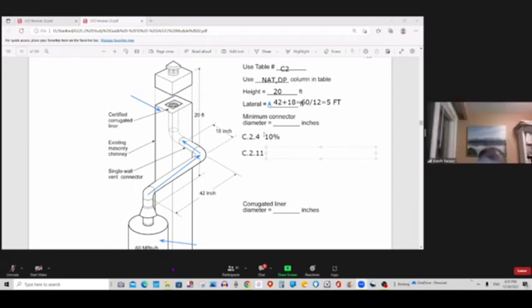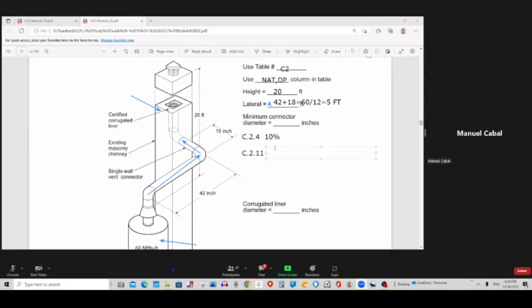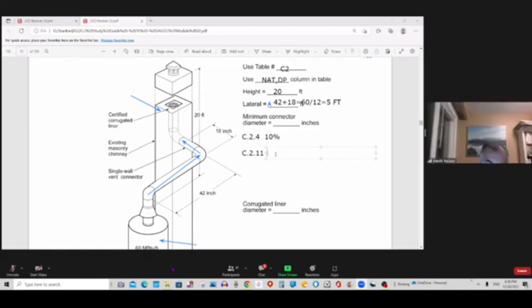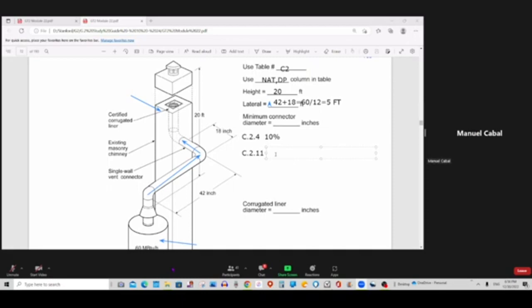Okay, hold on, sir. So it says when you use a chimney liner in the chimney, you have to reduce the capacity of the vent by 20%. Yes, sir. So 20% deduction here too.